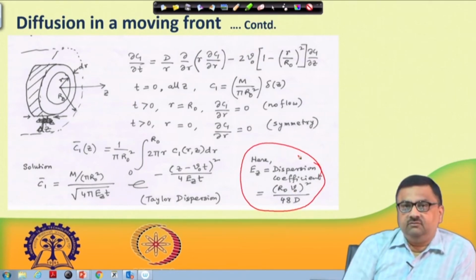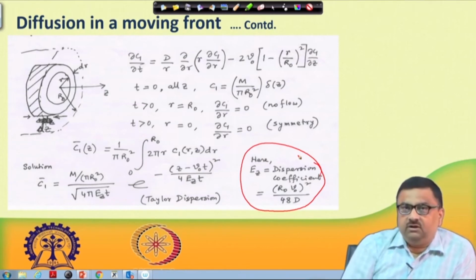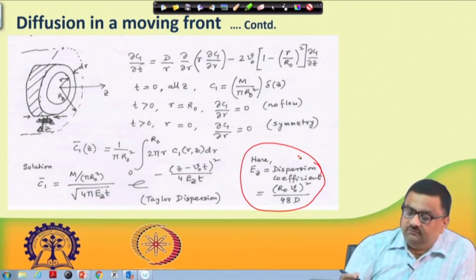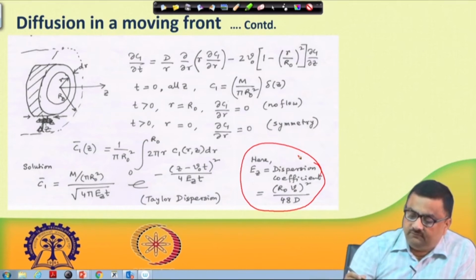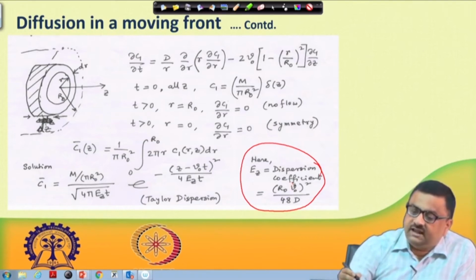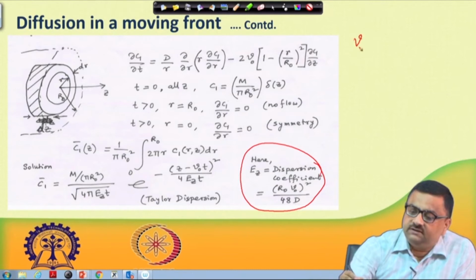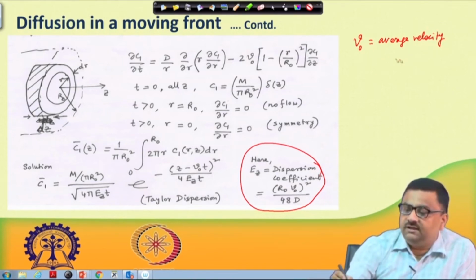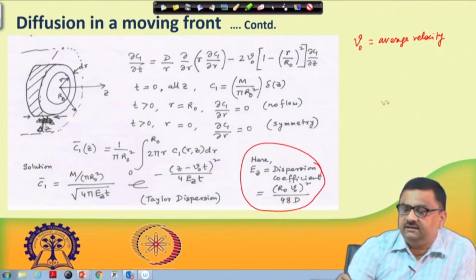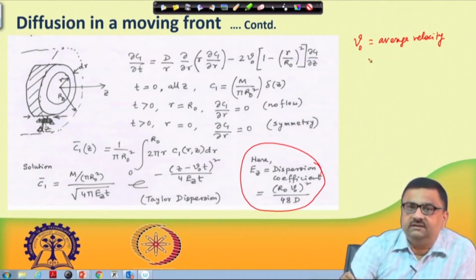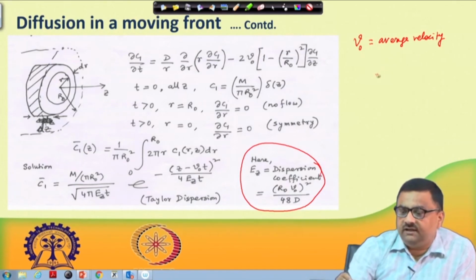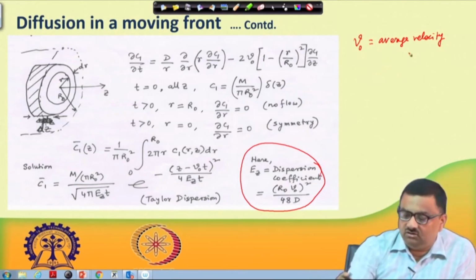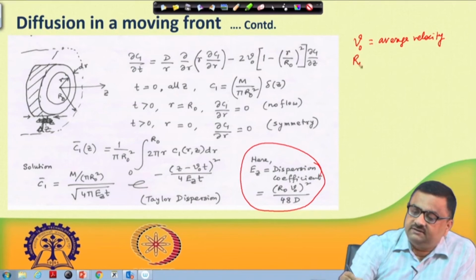You have to look at this very carefully, because we said that we have a velocity profile. v naught is the average velocity. We have a parabolic velocity profile, so we have maximum velocity at the center, and the velocity at the wall is 0. So we have some average velocity which is v naught. r naught is the radius of the capillary.